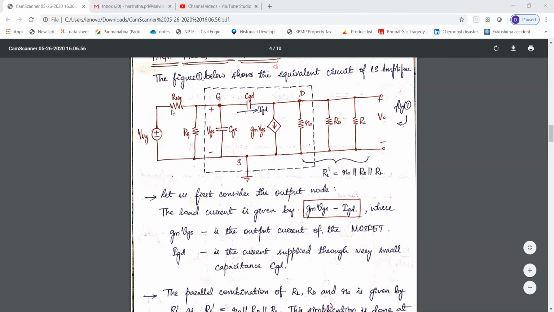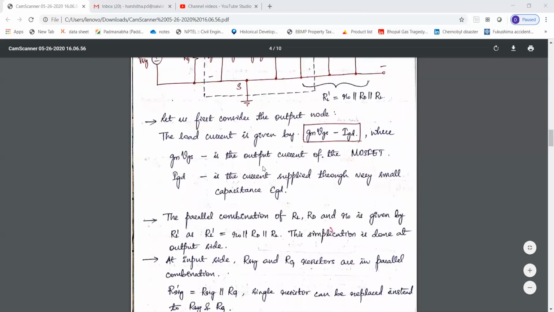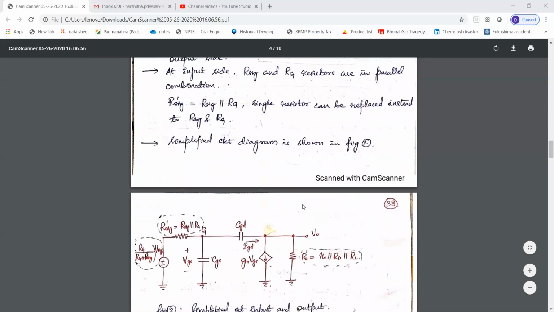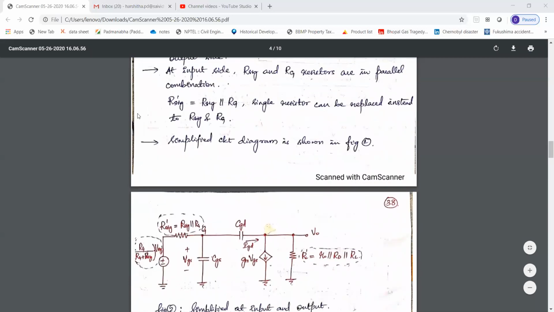So instead of these two resistors, we can use one resistor, that is R signal dash, which is equal to the parallel combination of R signal and RG. Next, let's see how the circuit gets simplified.